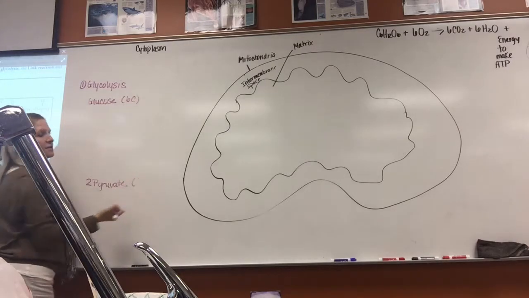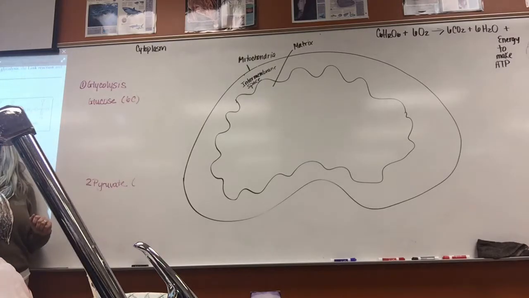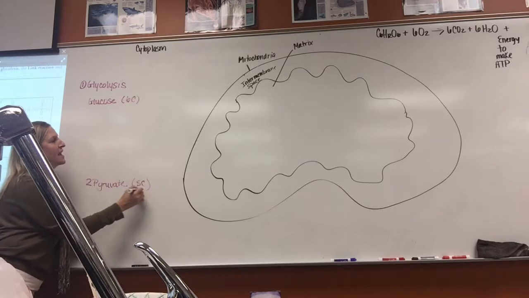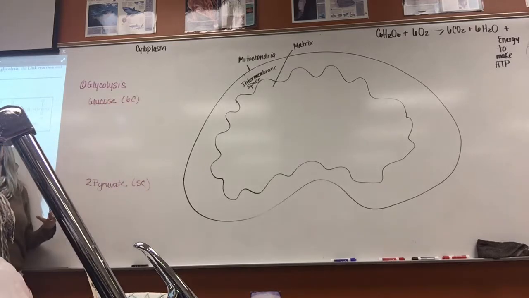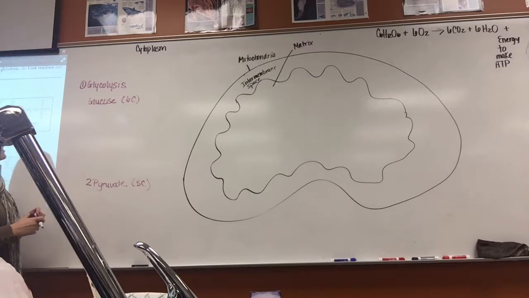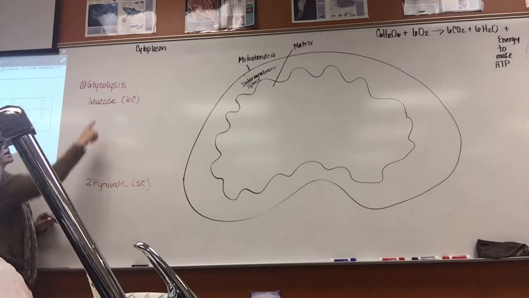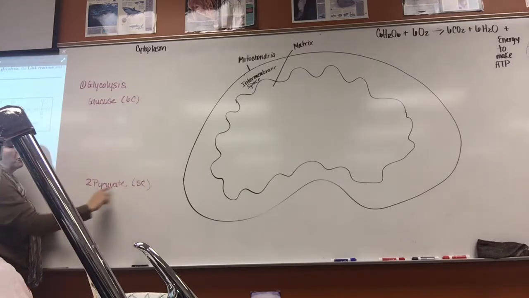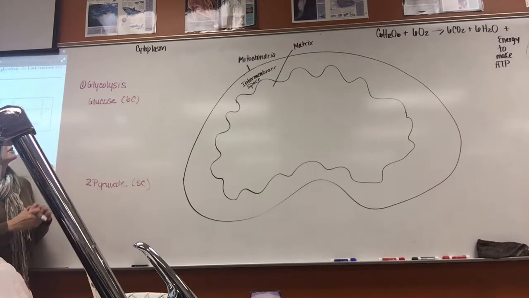And does somebody remember how many carbons they are? 3. All right, so it's like just taking glucose and breaking it down in half. So we have 3 carbons in those. Therefore, the 6 carbons that were in glucose are accounted for in the 2 3-carbon molecules of pyruvate.